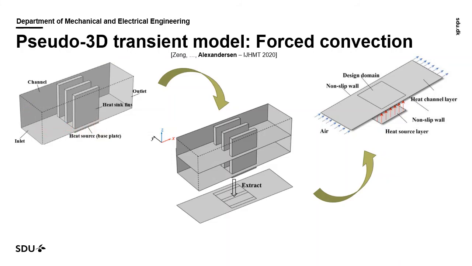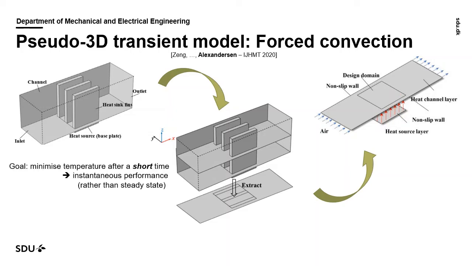What we're going to do is define a layer in the middle, take the cross section here and extract, and this is what we're going to be optimizing and simulating. So we make a simplified model where instead of simulating the full 3D domain, we are only modeling the mid-plane and the heat source layer, and then we're coupling these using some models.